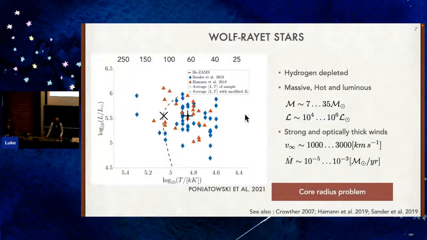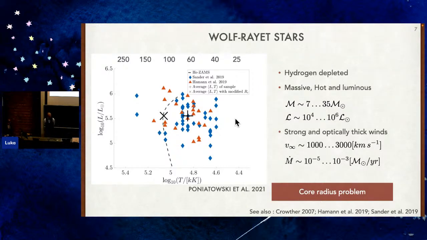To explain what Wolf-Rayet stars are, we can take an observed sample of Wolf-Rayet stars and place them on the Hertzsprung-Russell diagram according to inferred temperatures and luminosities. You can see the observed sample in these blue and red marks.